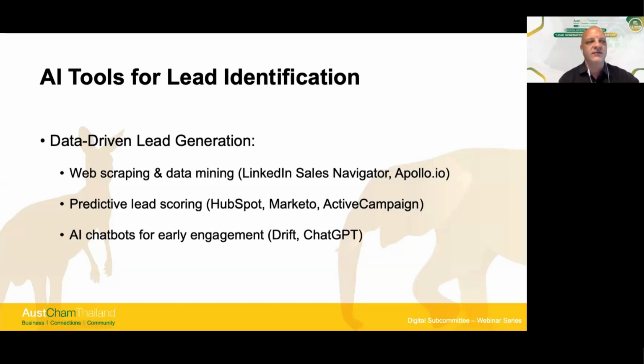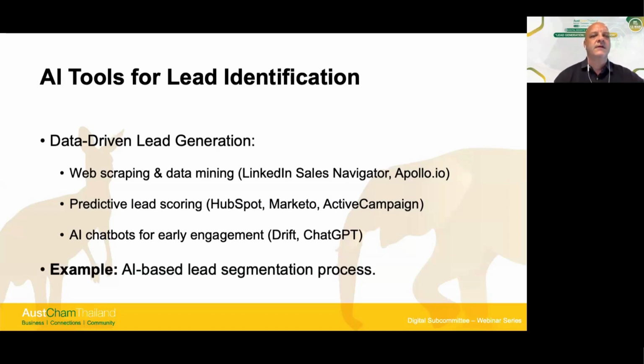What's your annual revenue? Based on the responses, ActiveCampaign can automatically assign a lead score and then add that person to an email nurture sequence or flag that as a hot lead to your sales team. And that is an example of an AI-based lead segmentation process.